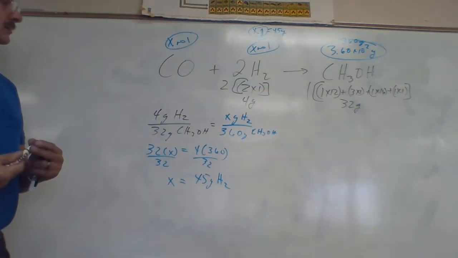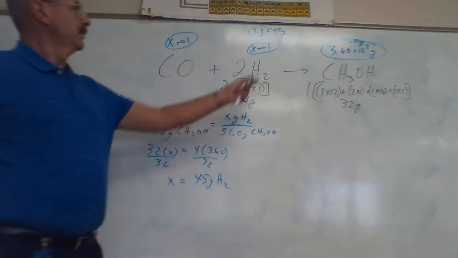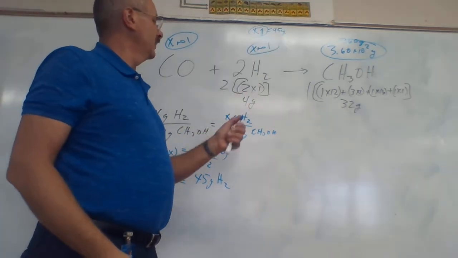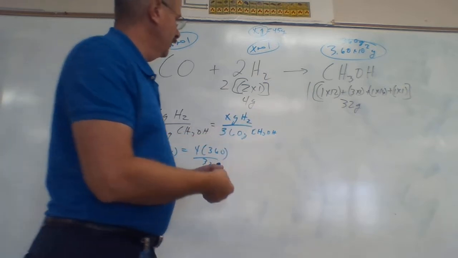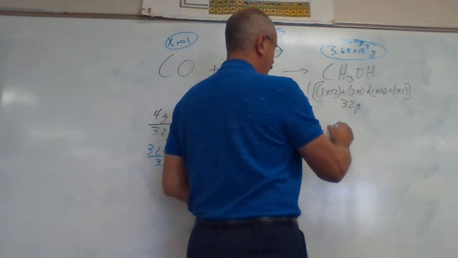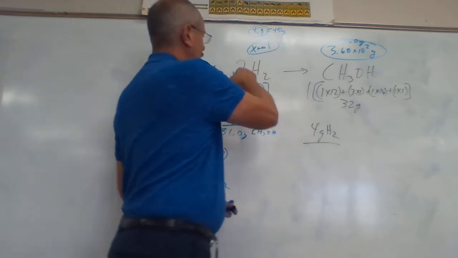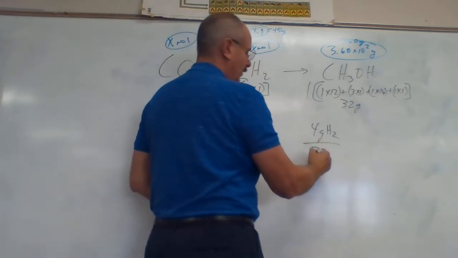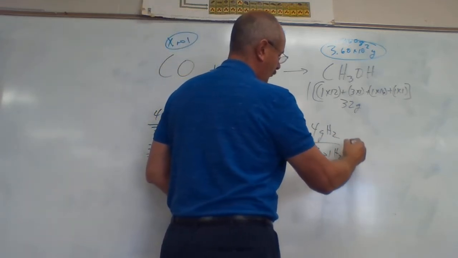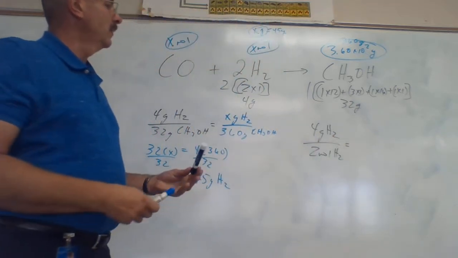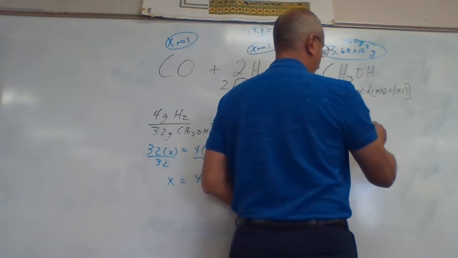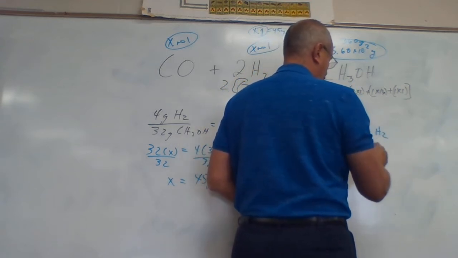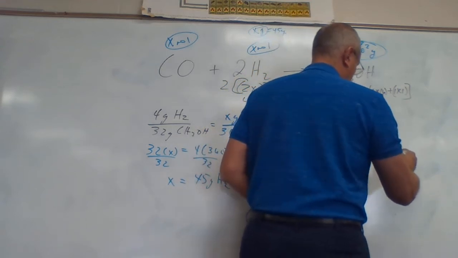All right, from there now we can change grams of this into moles of this. And in doing that, according to the cheat sheet, we've got to get the molar mass, use that. So we need to use 4 grams of H2 is the number that's out in front, which is the 2 moles of H2. I don't have 4 grams, I got 45 grams. So I'm going to go 45 grams of H2 over X moles of H2.